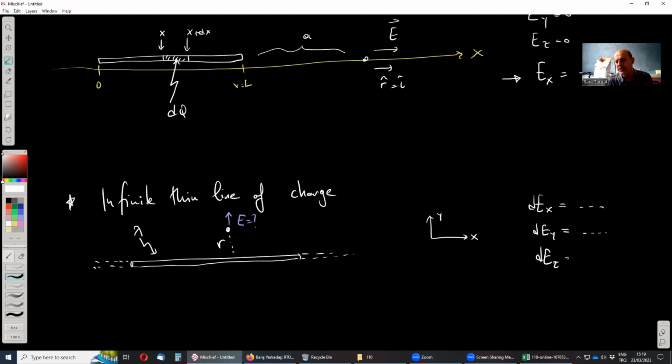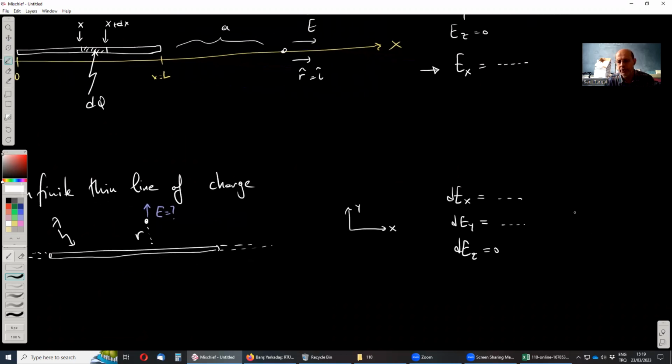The z component is equal to 0. But it turns out that the integral of the x component is equal to 0 as well. Even though each piece in here produces an electric field at that location with a non-zero x component, their integral is equal to 0. So that is something that we don't need to compute.